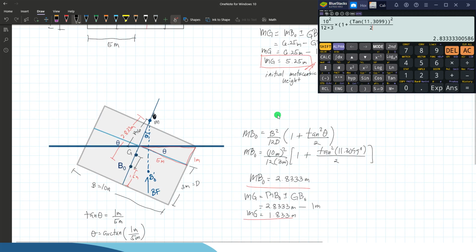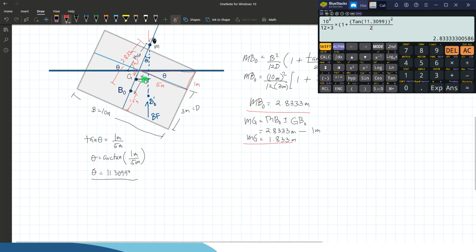You determine the horizontal distance x, because we are taking the moment at M. What we need is the weight of the body and its perpendicular distance from point M. From the slides that I've shown before, this is the righting moment because it is stable.